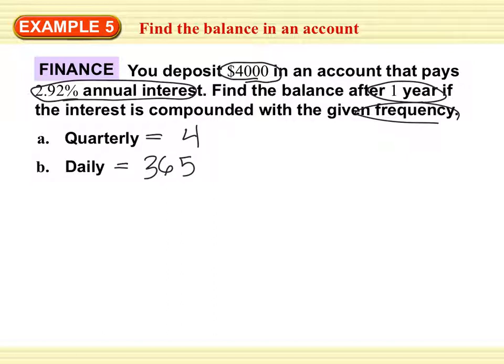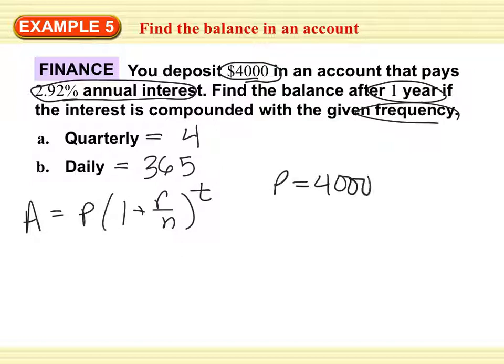So let's go ahead and use our equation. A equals P times 1 plus R over N to the nt, where P is 4,000, R is 0.0292, N for part A is 4, and t is 1. Plug it all in.